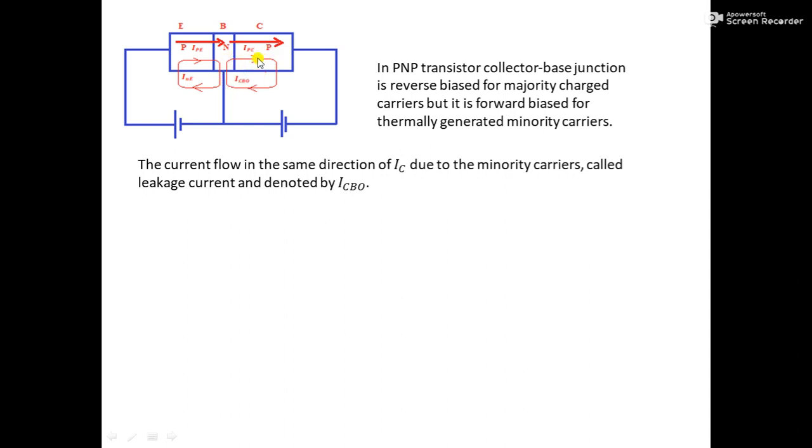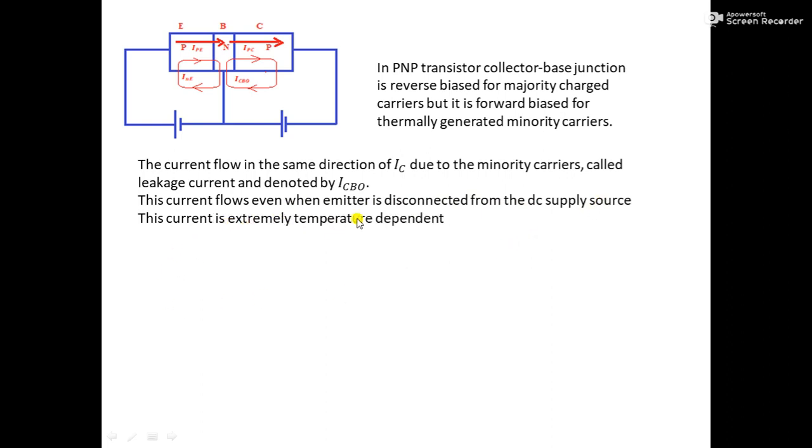These are thermally generated minority carriers. The current flowing in the same direction as IC due to minority carriers is called the leakage current and is denoted by ICBO. The carriers flow from collector to base, hence the name ICBO. This current flows even when the emitter is disconnected from the DC supply source.